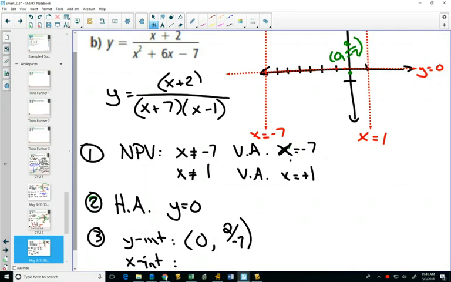X-intercepts, if I put in 0 for y, is my fraction ever going to be 0? Well, is my numerator ever 0? Yes, I can make my numerator 0 when x is -2. So this is the first time that this is happening on an actual graph for us.